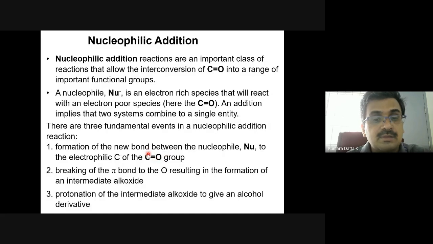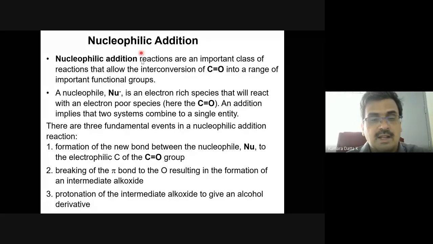So this carbon is electron deficient and likes to take a nucleophile, and here oxygen is electron rich, so it likes to take an electron deficient species. So you are breaking the pi bond, creating an alkoxide group, O minus, with delta plus on carbon.